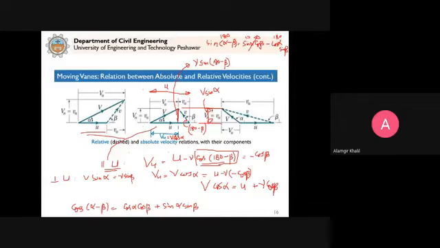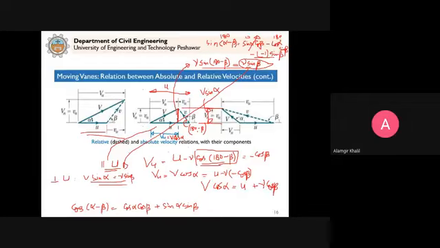So minus into minus 1 into sine of beta, minus into minus sine beta, that's why this term can be written as v into sine beta, and that is written here, v into sine beta.